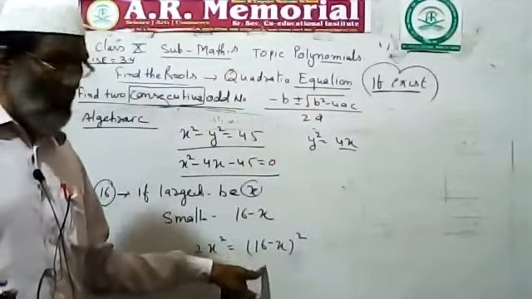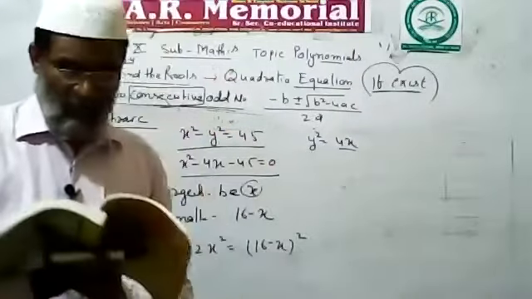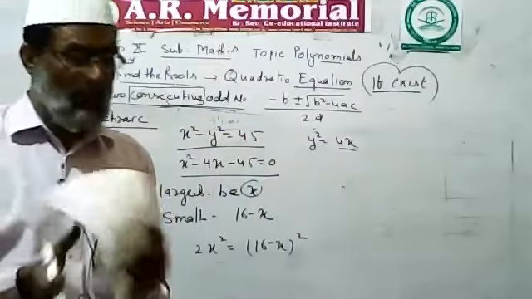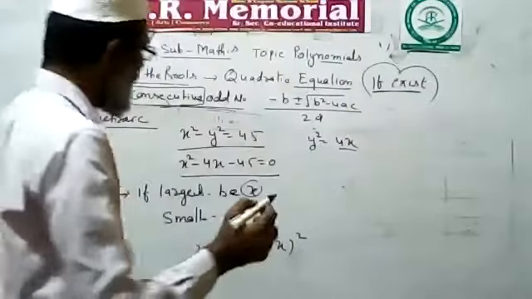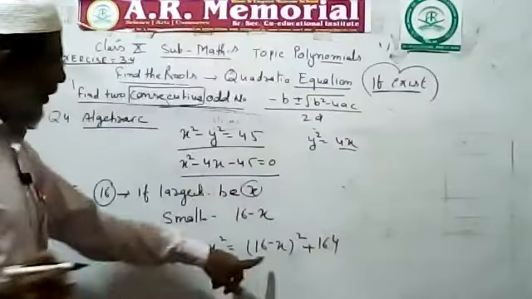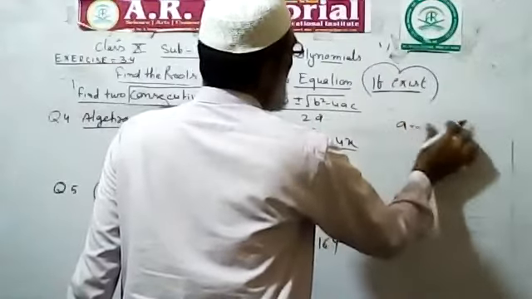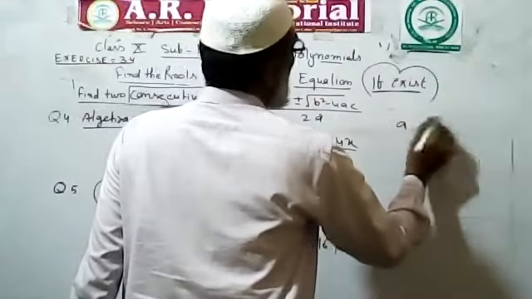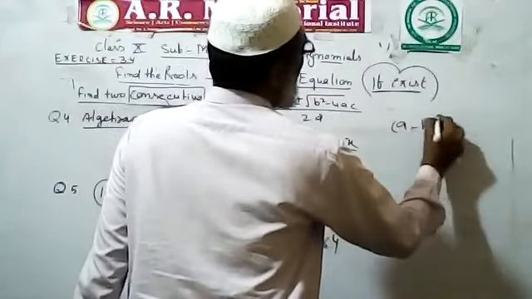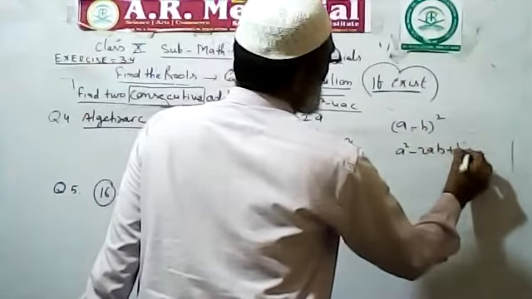So we want to put in something for the difference of these two. How much is the difference? It is 164. So you put 164 here, plus 164. Now a minus b whole square is a square minus 2ab plus b square.